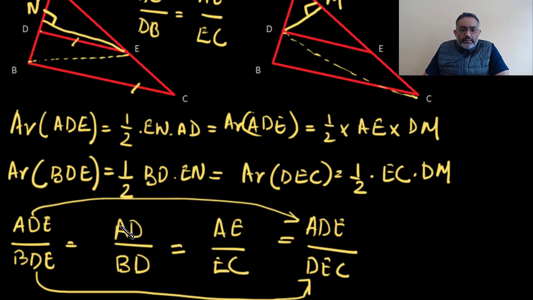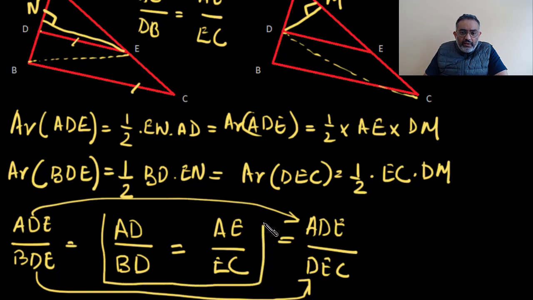And since these area ratios are equal, these side ratios have to be equal. So we have proved that if the lines BC and DE are running in parallel, then they cut proportionally, and that is the proof of the theorem that we have studied.